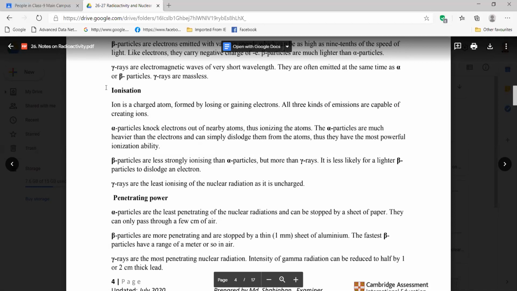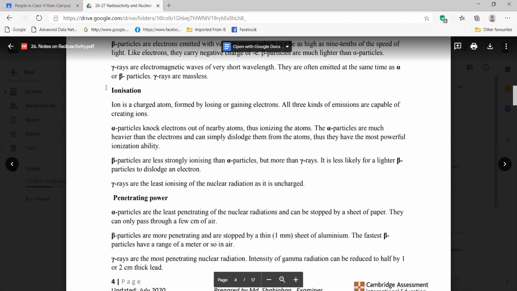Thus, they have the most powerful ionization ability. Beta particles are less strongly ionizing than alpha particles but more than gamma rays. It is less likely for a lighter beta particle to dislodge an electron. Gamma rays are the least ionizing of the nuclear radiation as they are uncharged.